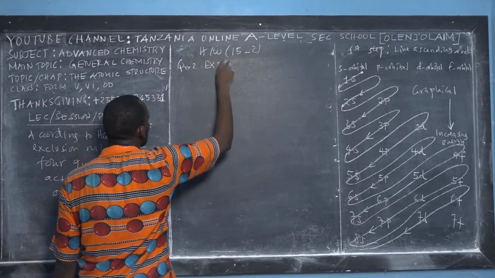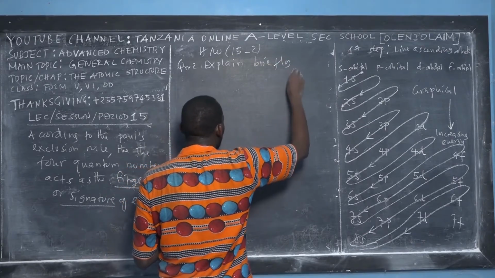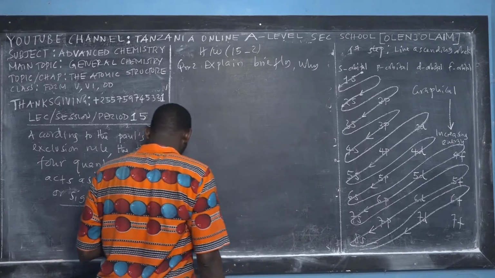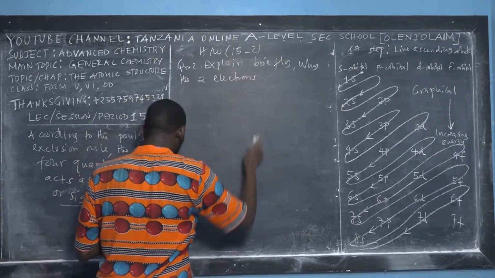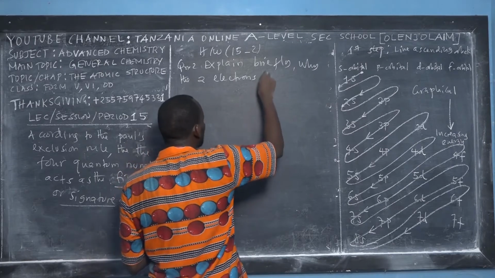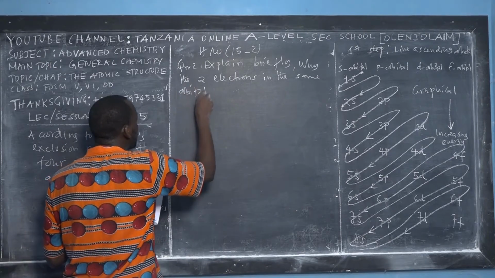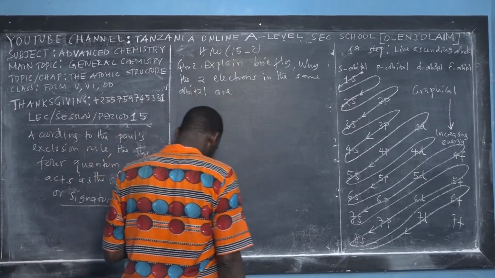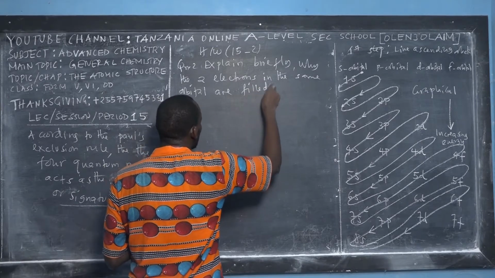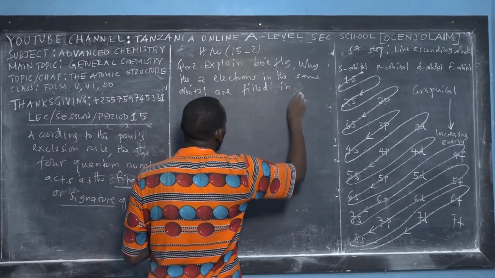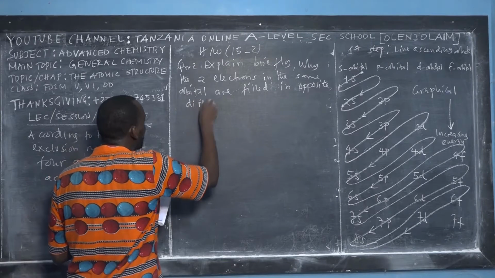Explain briefly, because I have to test you on these questions, why the 2 electrons in the same orbital are filled in opposite directions.